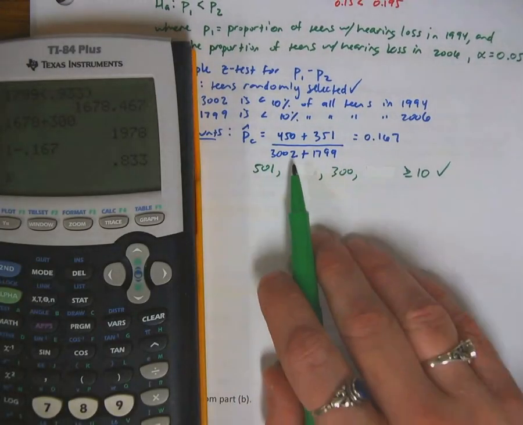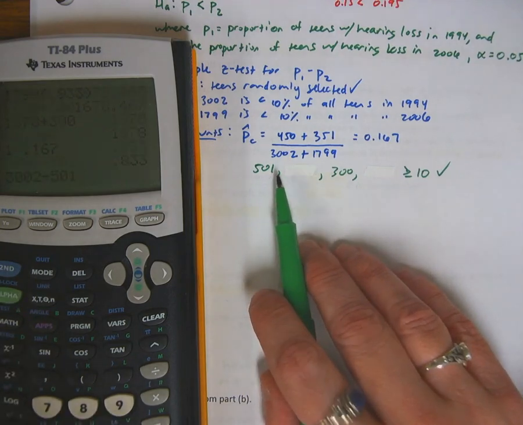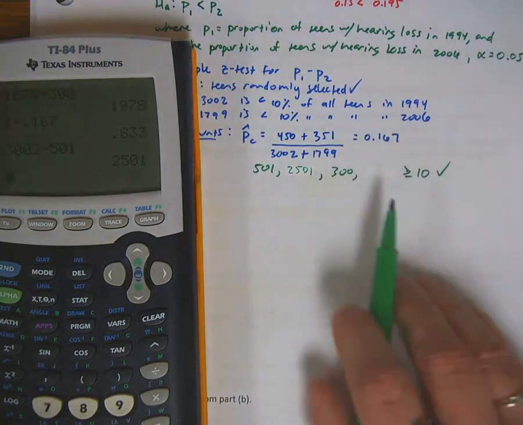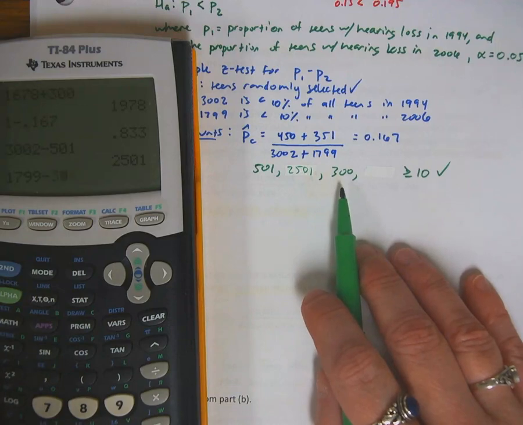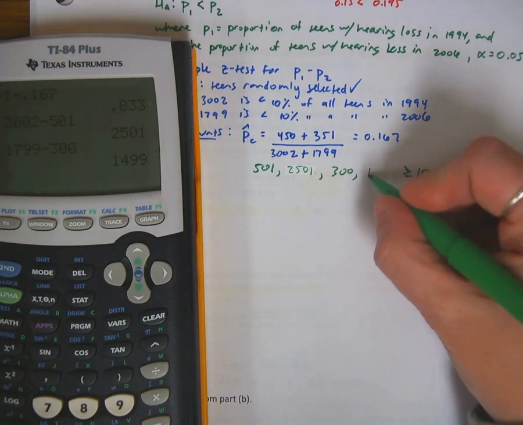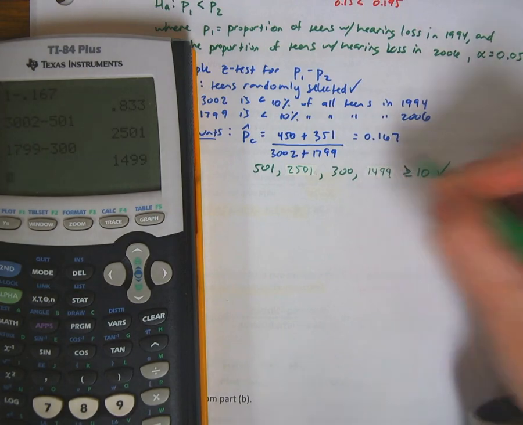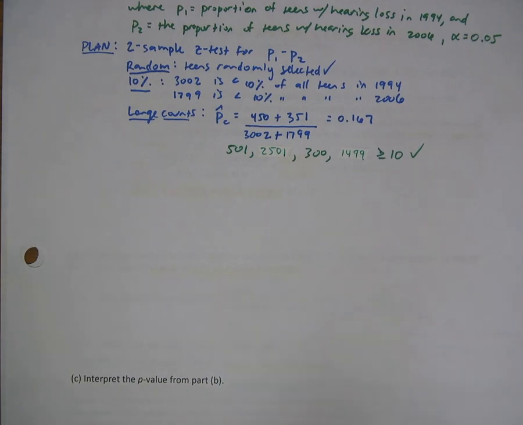And the easy way to do it is just take 3002 and subtract off 501. Should have done it that way. 2501. Take 1799 and subtract off 300. I'm hoping most of you would have done that anyway. 1499. Okay, now I'm getting what I got the first time. Whew. Large counts, done. We've just assessed for normality.